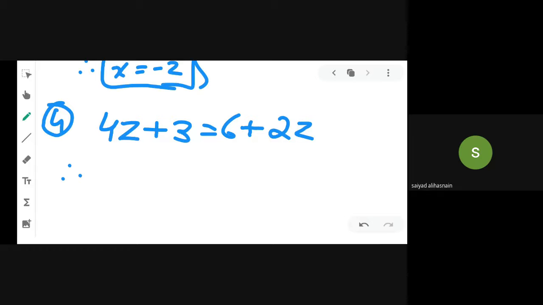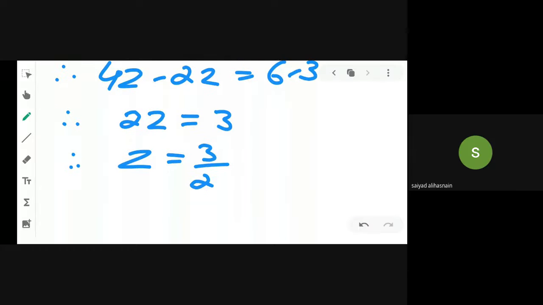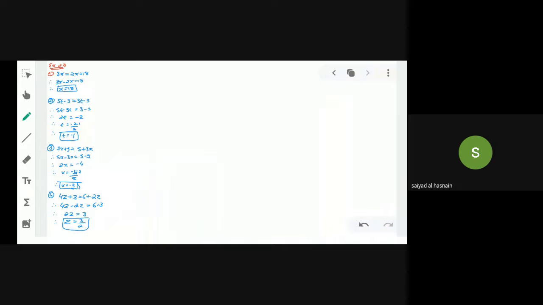So we are taking variable to the left hand side. So 4z minus 2z is equal to 6 minus 3. So we get 4z minus 2z, 2z, is equal to 6 minus 3, 3. We get z is equal to 3 by 2. So it is your answer. Clear all of you? Yes, sir.